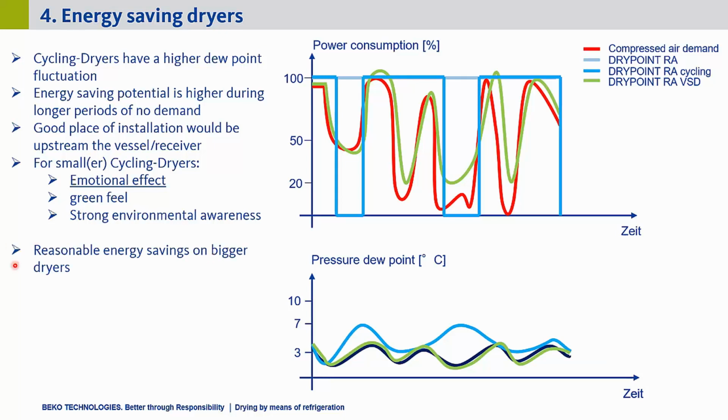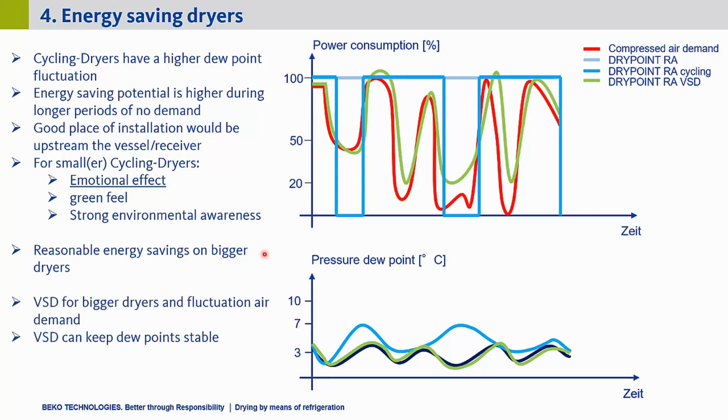Reasonable energy savings are always bigger on bigger dryers, and that's why VSD dryers, or variable speed dryers, are only available from a certain size onwards. As far as I know, from 1300 cubic meters per hour in the current price list.